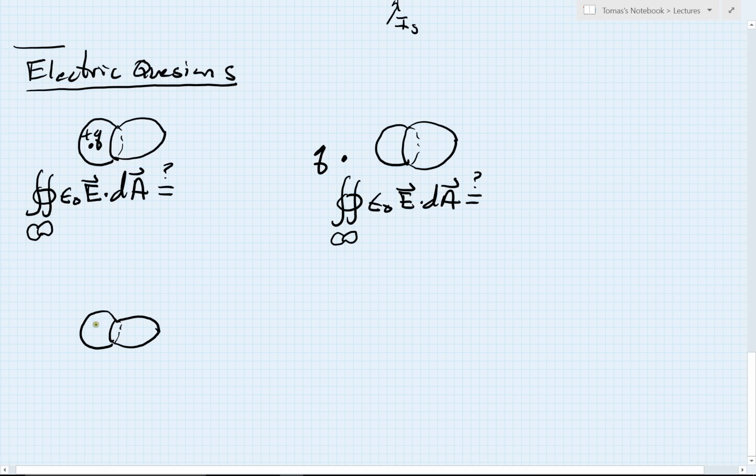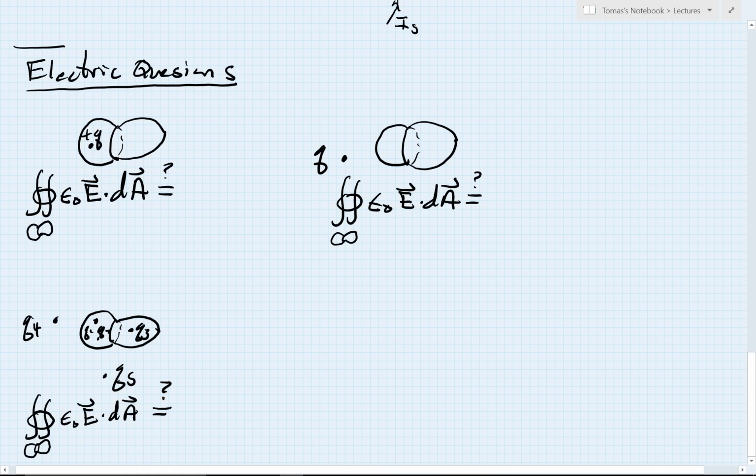And now I'll have charges Q1, Q2, and Q3 inside the surface, and Q4 and Q5 here outside the surface, and I'm going to inquire, when I do a closed surface integral of epsilon naught times the electric field around that peanut-shaped surface, what is it that I should expect to get?